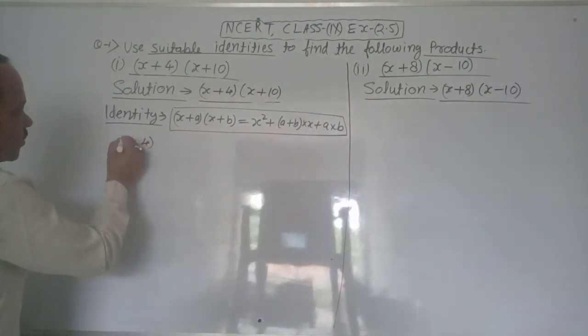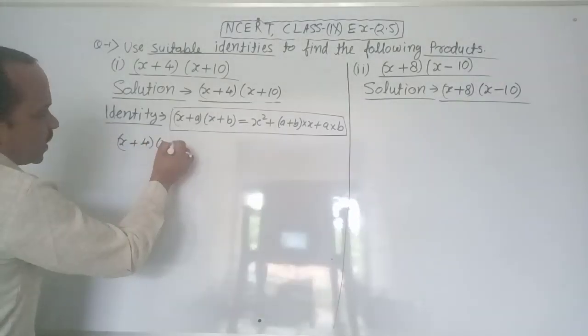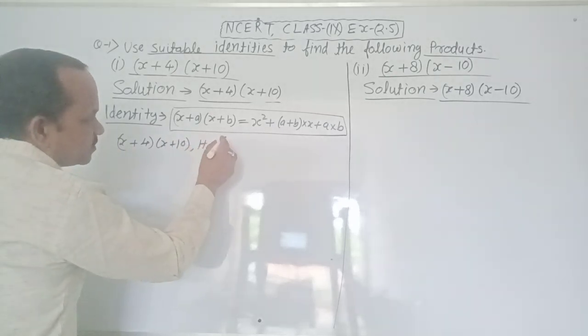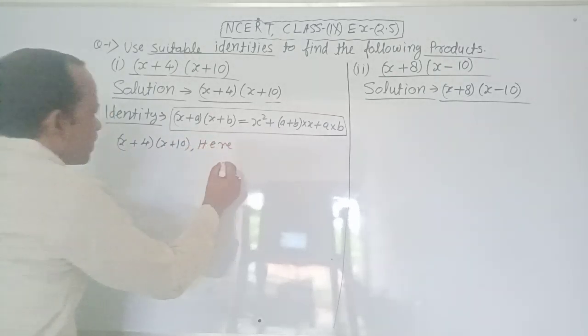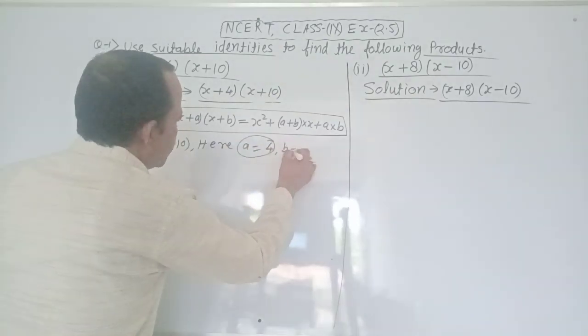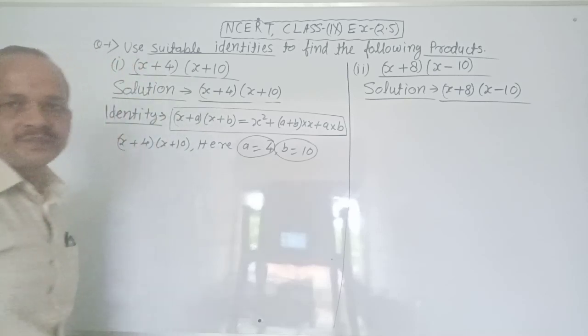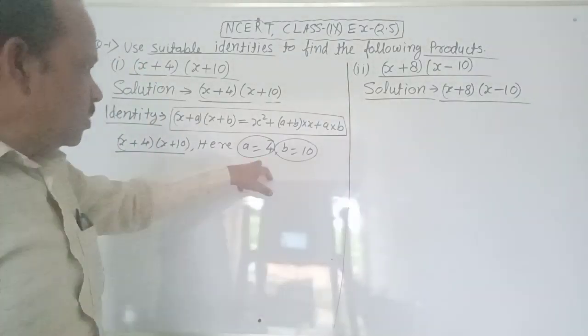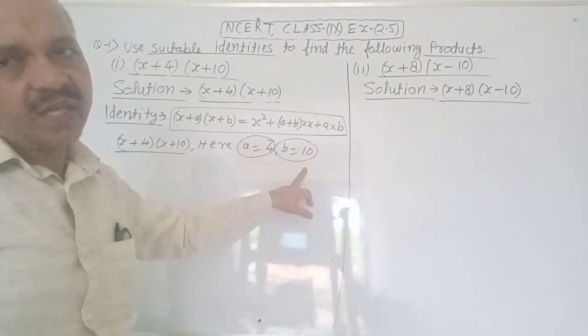X plus 4, x plus 10. Here a equals 4, b equals 10. In this question a equals 4, b equals 10.